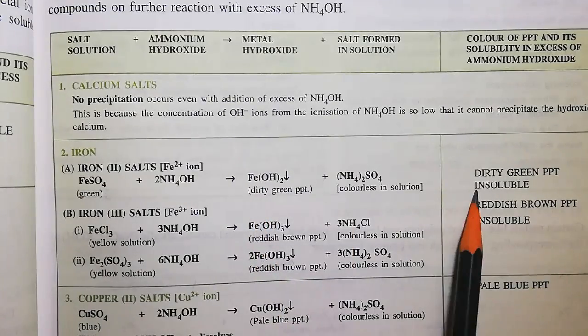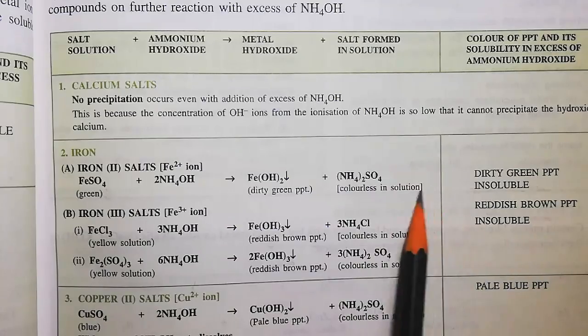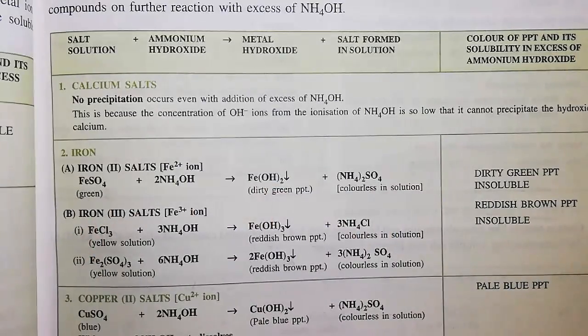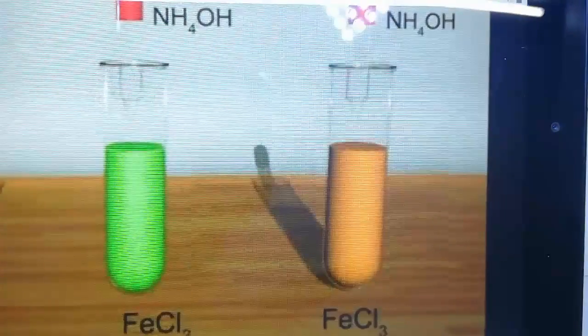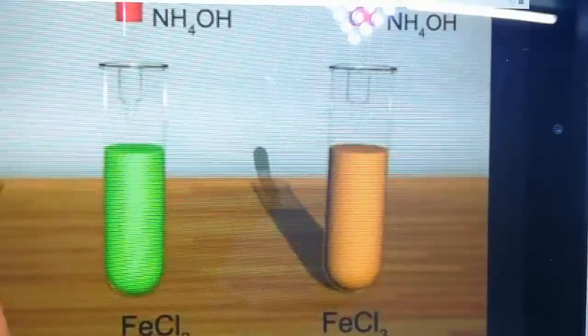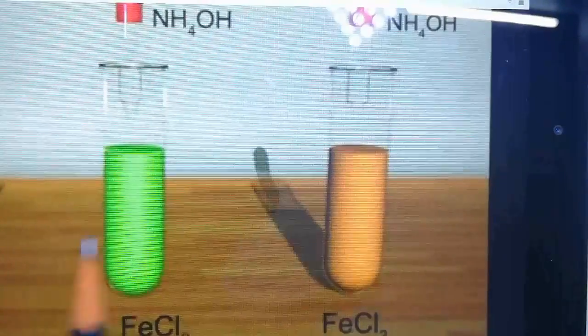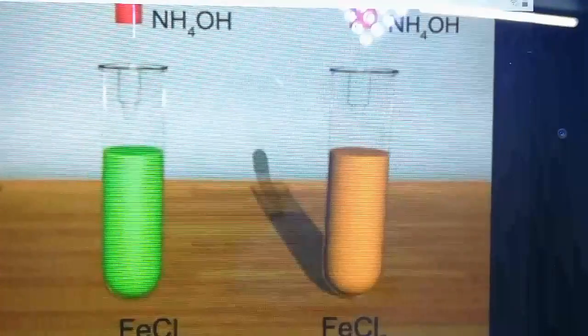Dirty green PPT insoluble, reddish brown PPT insoluble. So when ferrous chloride and ferric chloride react with ammonium hydroxide, this kind of PPT will come out.